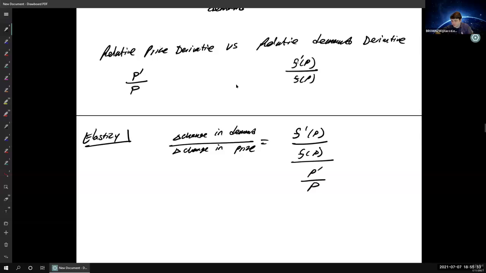Now, this is not going to be the final form of this, and some stuff's going to simplify out because we're going to get some nice things that happen. Technically, all of these are functions of P, so we're taking a derivative with respect to P of everything.